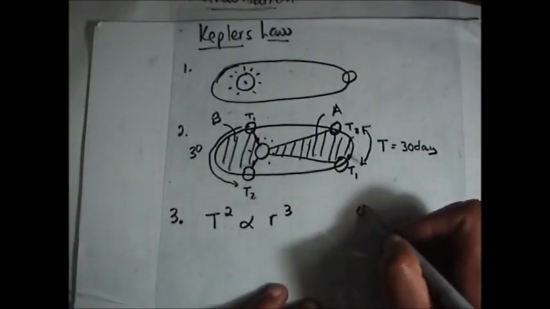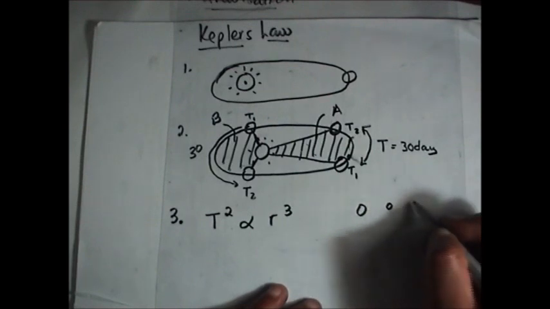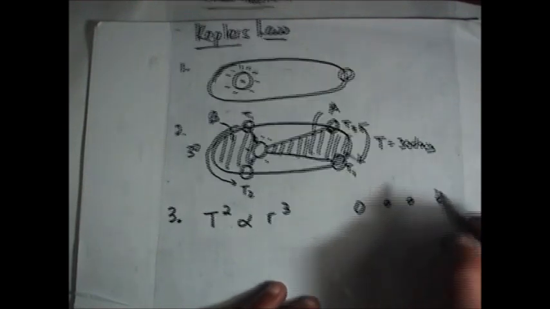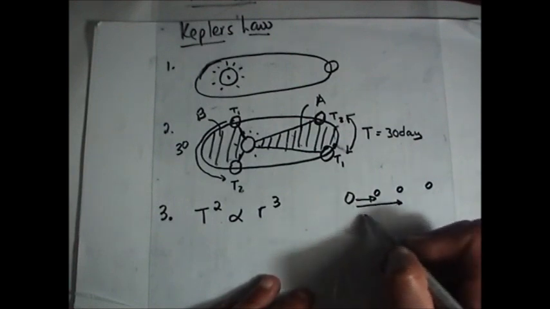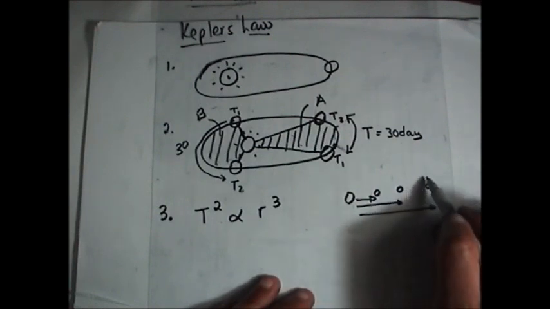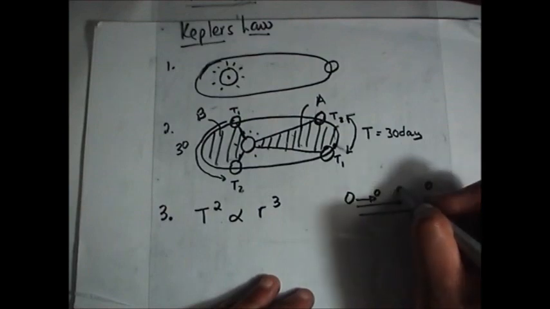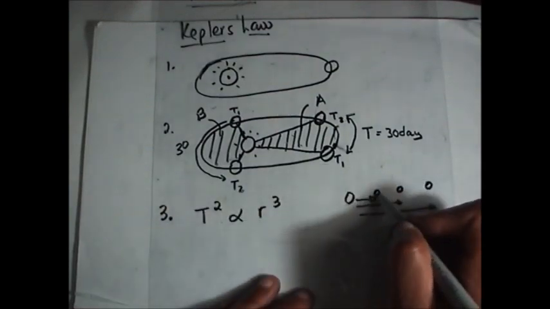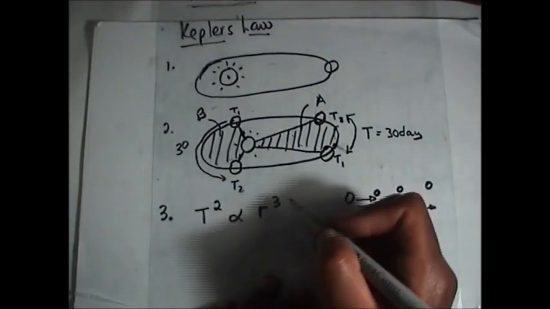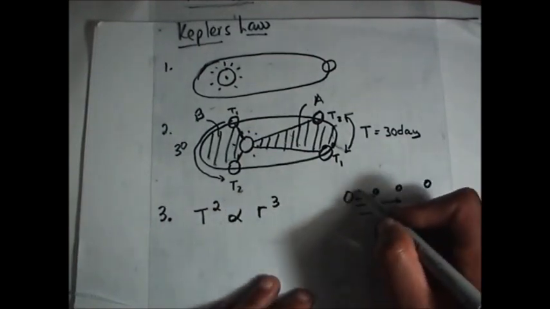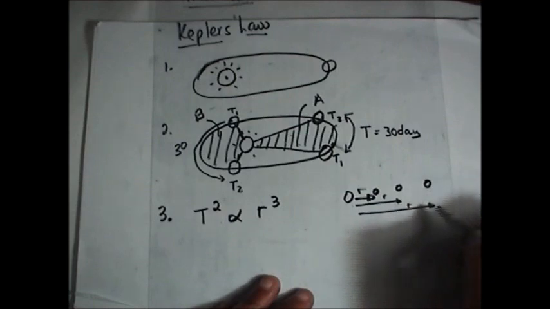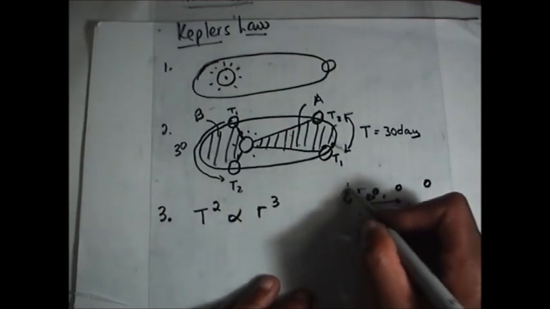So let's say there's the sun here, and there's planet number 1, planet number 2, planet number 3. These will be the distances from the sun. The period squared of these planets is directly proportional to the cube of their radii from the sun.